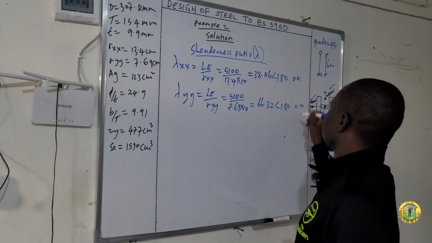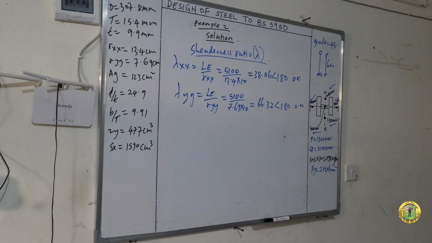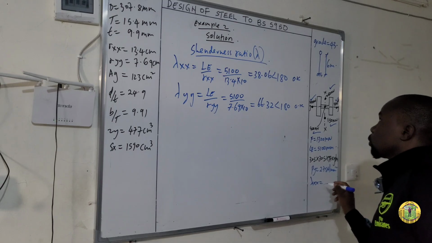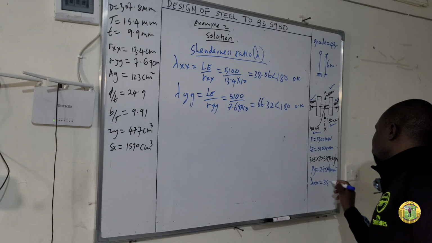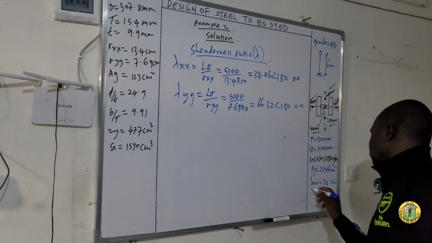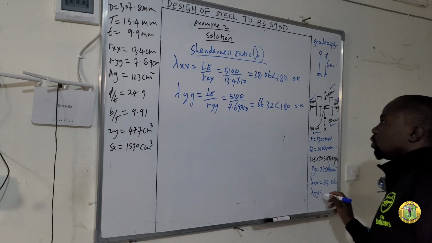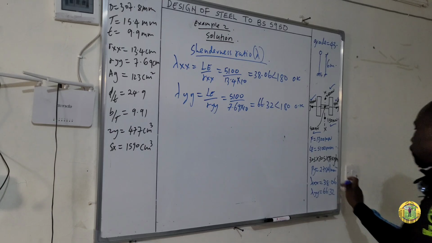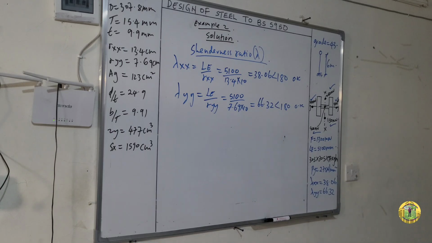Therefore, okay, it must be less than 180 when designing for wind, and not when designing for dead plus imposed load. After that, let me write it here: XX is equal to 38.06, and then YY is equal to 66.32, like that.